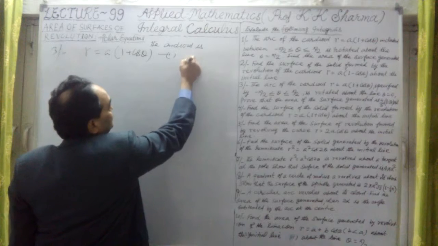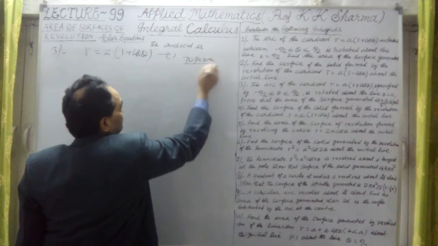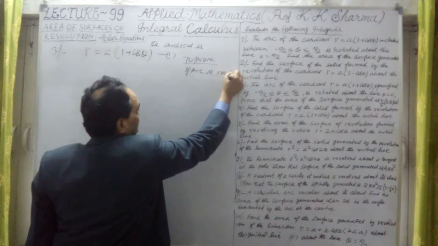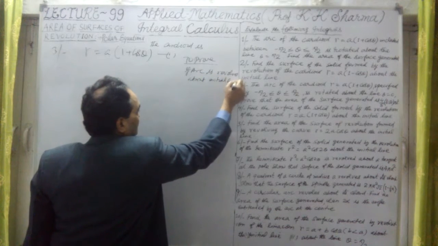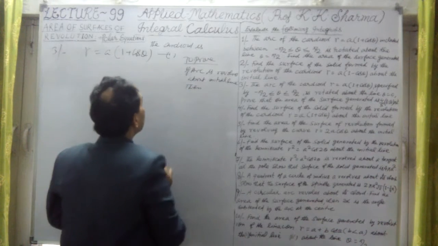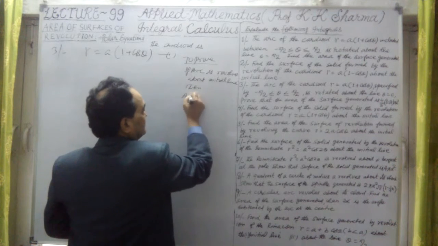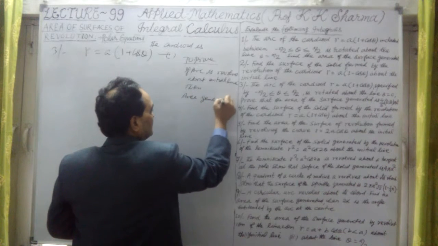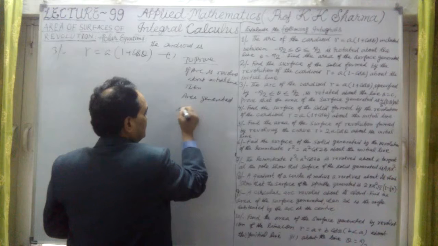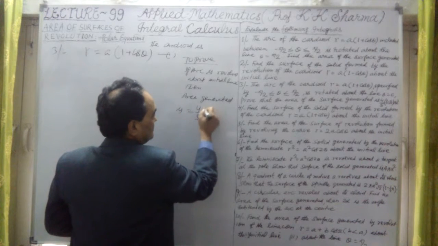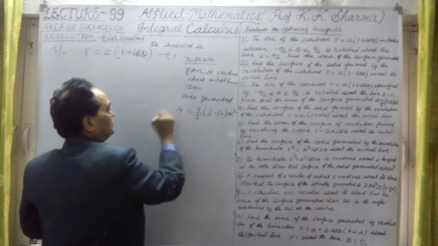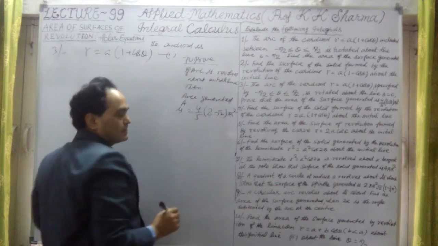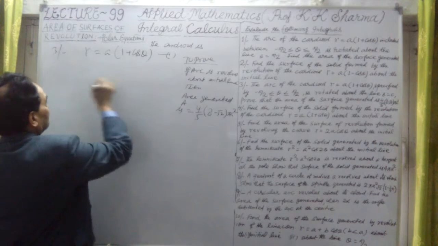Okay, and to prove here, if the arc is revolved about the initial line, then the area generated is equal to 4 by 5 into 8 minus root 2, root 2 into pi a square. This we have to prove here. This area A is equal to. Okay, to prove here. Now let us do it.